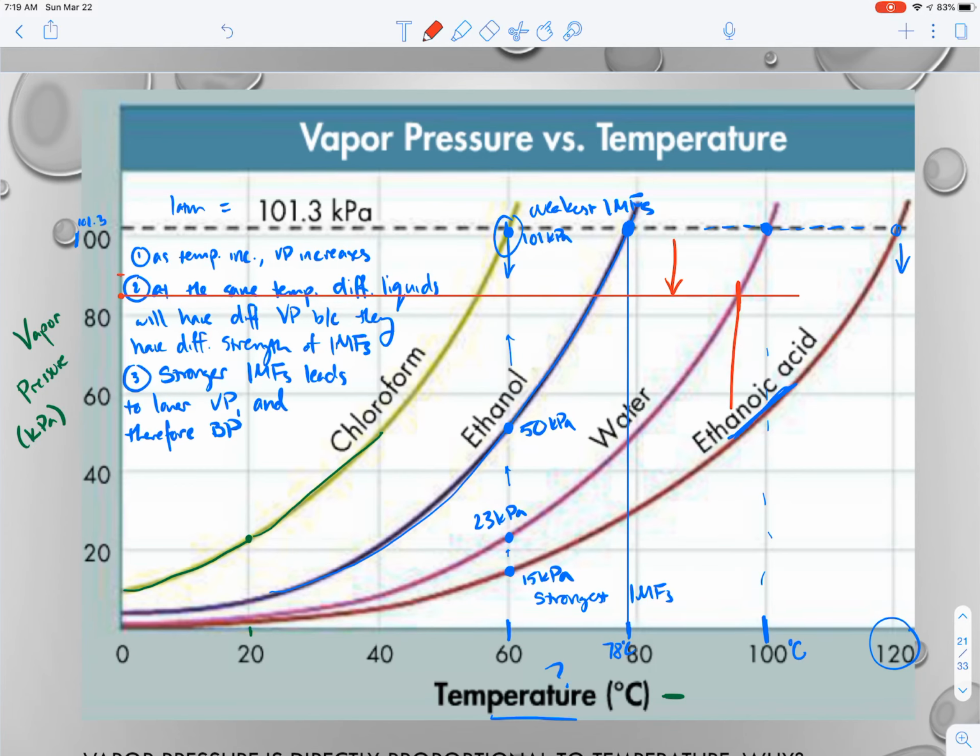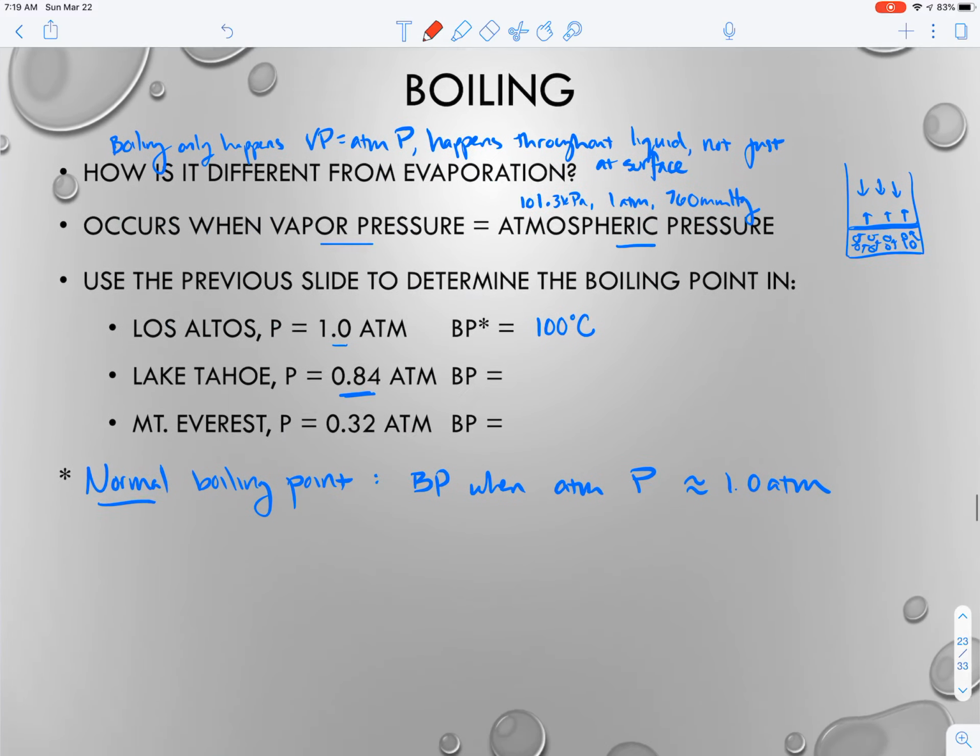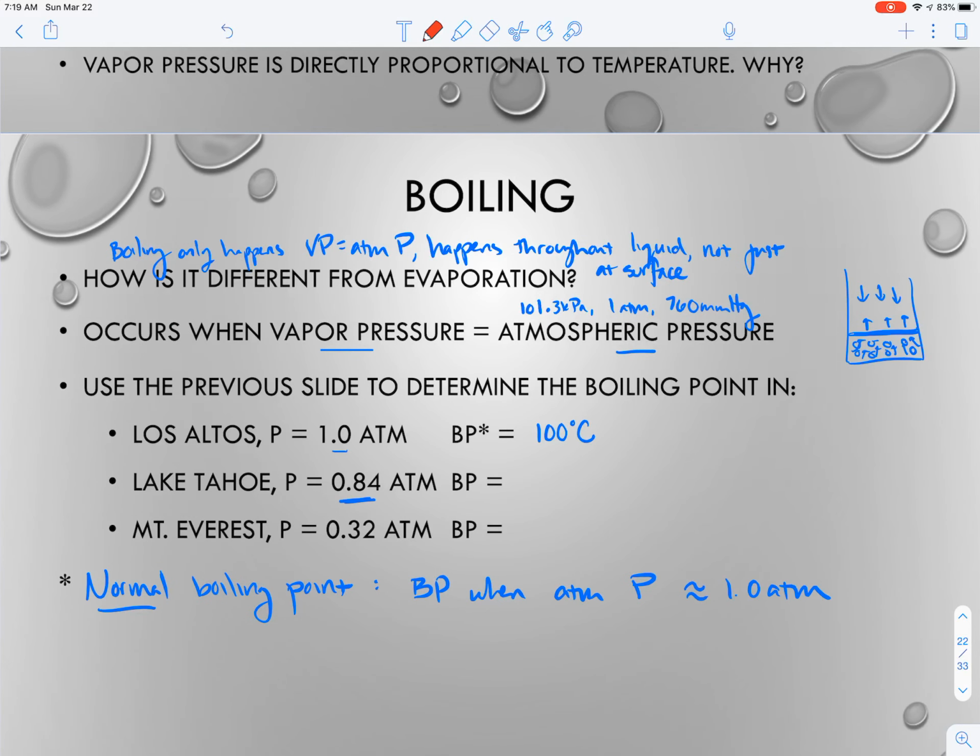So we can extrapolate down here then to find the approximate boiling point of water. So if this is maybe 90, maybe it's like 94 degrees. Okay, so water boils a little bit cooler in Tahoe.